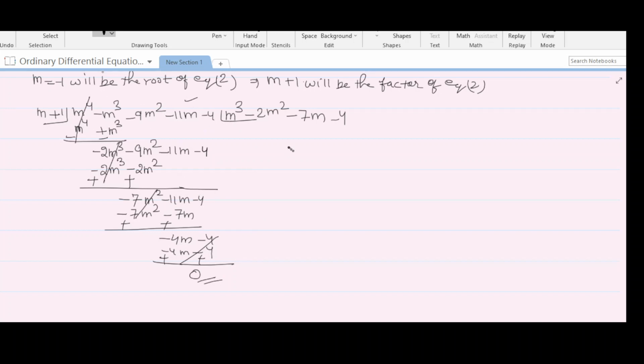Okay, now m plus 1 and m cube minus 2m square minus 7m minus 4 will be the factors.